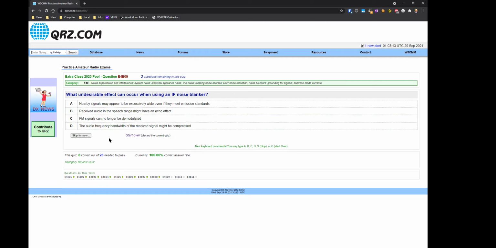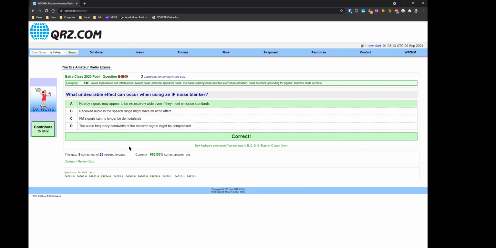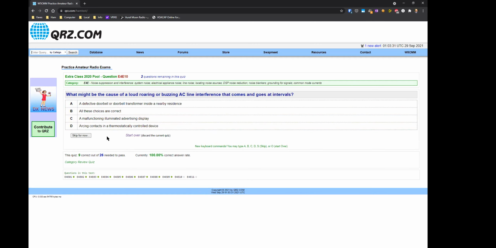What undesirable effect can occur when using an IF noise blanker? That's A. Yeah, A. What might be the cause of a loud roaring or buzzing AC line interference that comes and goes at intervals? All the above.